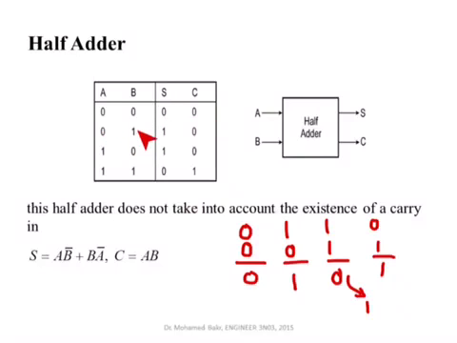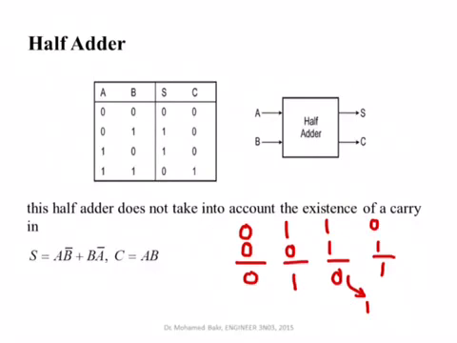When you have 0 and 1, your output is 1, you don't have any carry out. When you have 1 and 0, you have 1, and you don't have any carry out. Only when you have 1 and 1, the result is 2, but 2 cannot be represented in a single binary digit, so the result is 0, and then we carry 1 to the next bit. So this is a truth table that tries to model this addition operation.